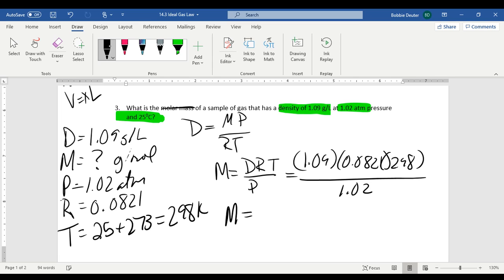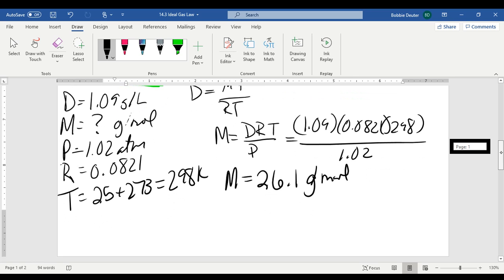Our molar mass in this case is 26.1 grams per mole.